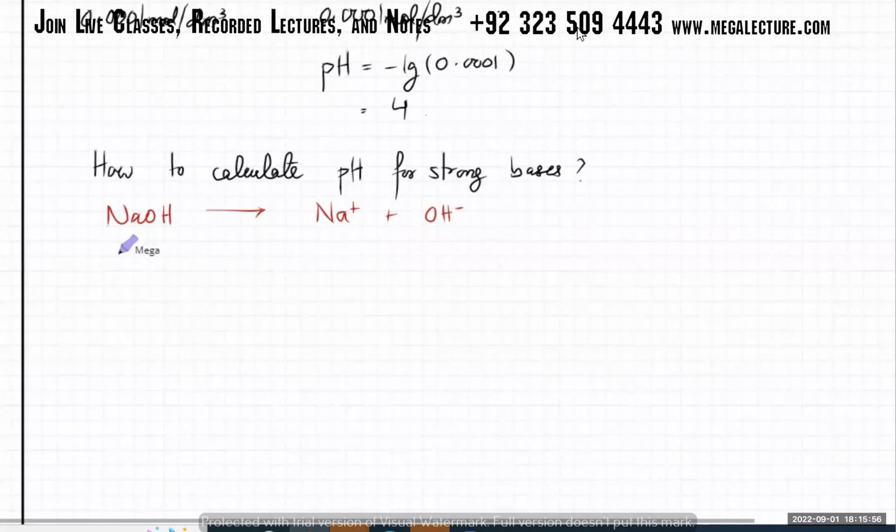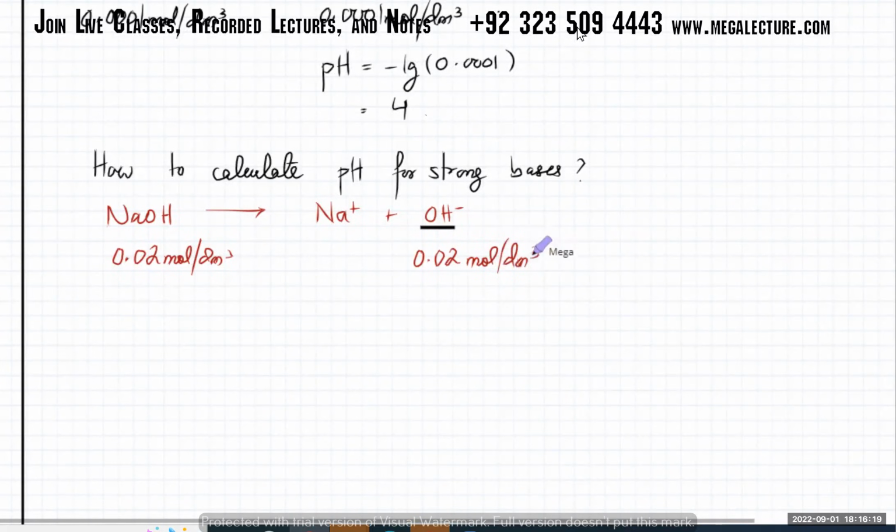So if this is 0.02 mole per dm cube NaOH, then I'm actually going to focus on the OH ions. The OH ions concentration will be the same 0.02 mole per dm cube. So we actually calculate OH ion concentration.